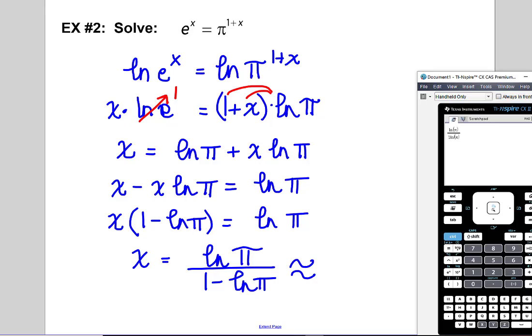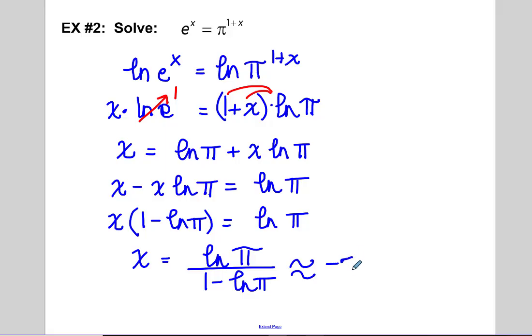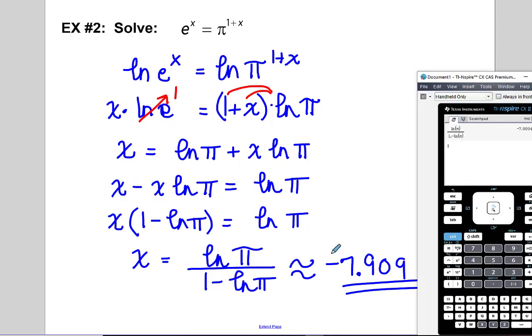Oh, 1 minus, that didn't go very well. There we go. So about negative 7.909. And we could go back and check this, and those would be really close to each other.